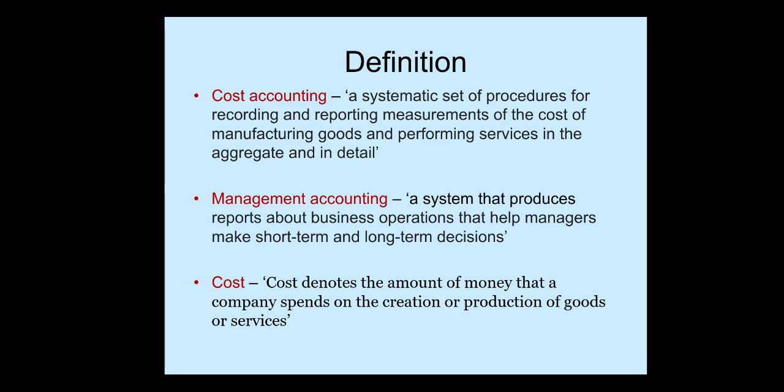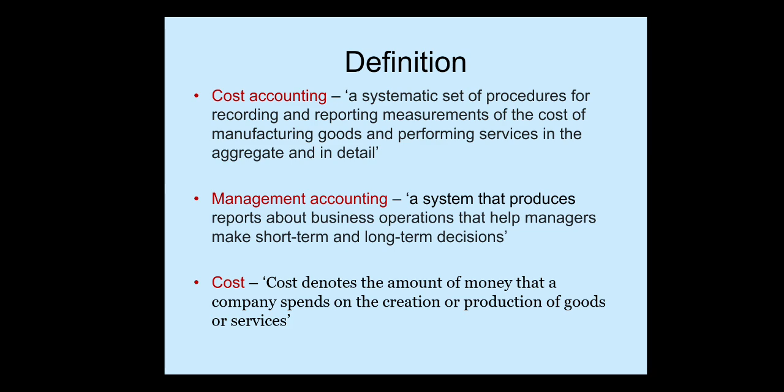The second point here is management accounting. So what is management accounting? See the second point there. Management accounting is a system that produces reports about business operations that help managers make short-term and long-term decisions.